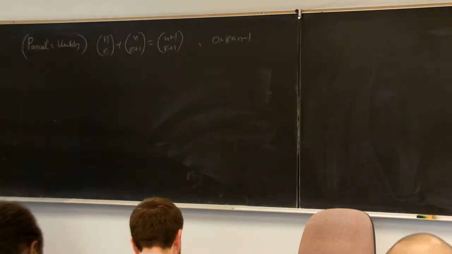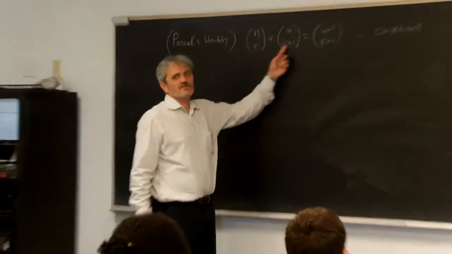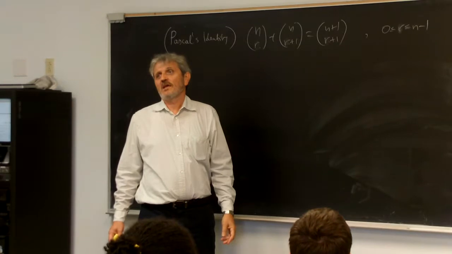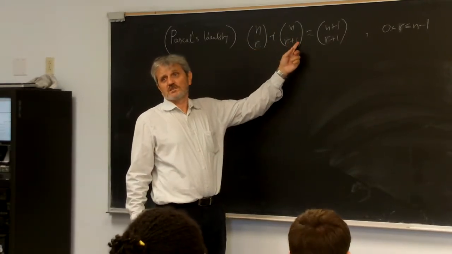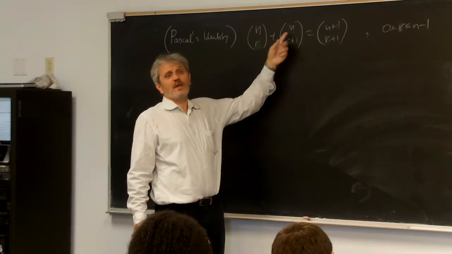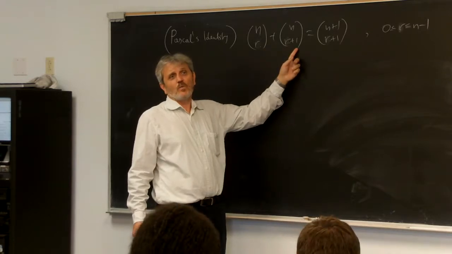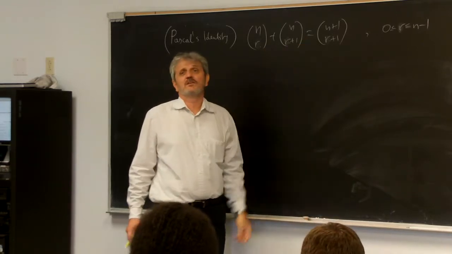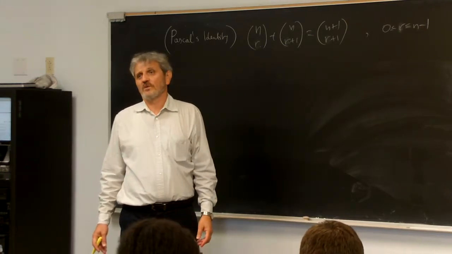Here's Pascal's formula. It tells you that choices have a very interesting property. If you take two choices that are next to each other, both out of n elements, and next to each other means r and r plus 1, when you add them up, you will get n plus 1 choose r plus 1.